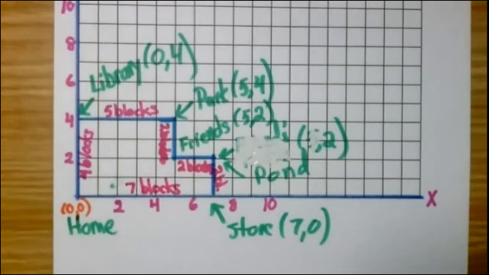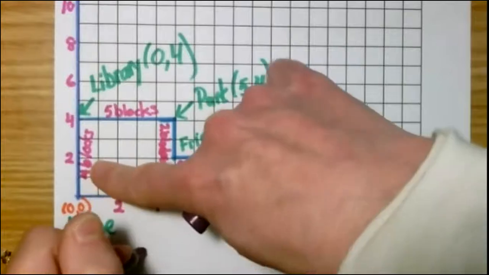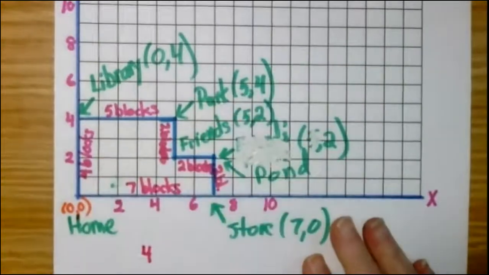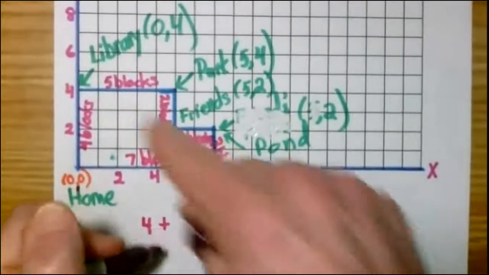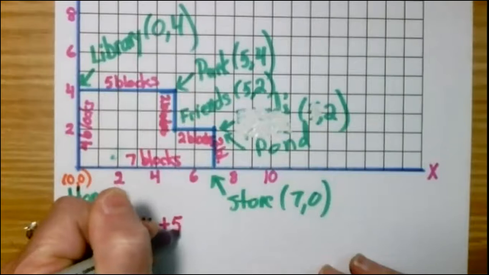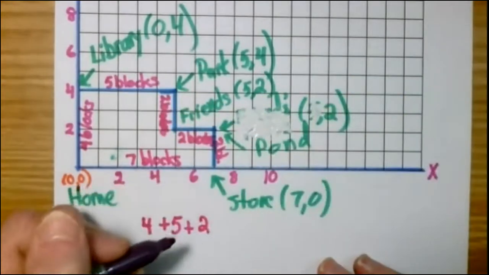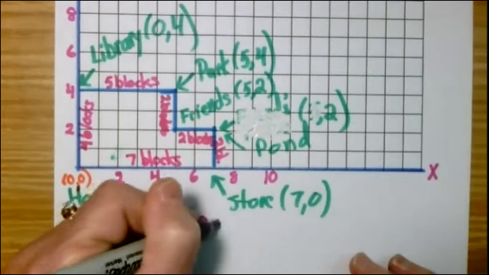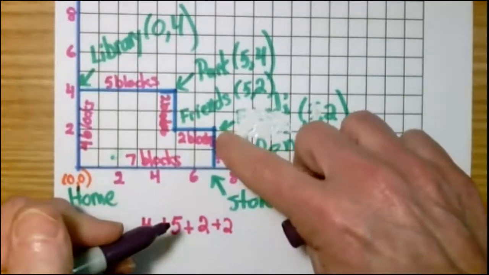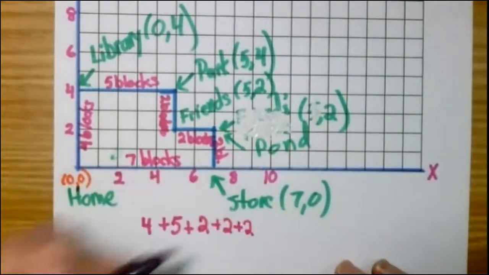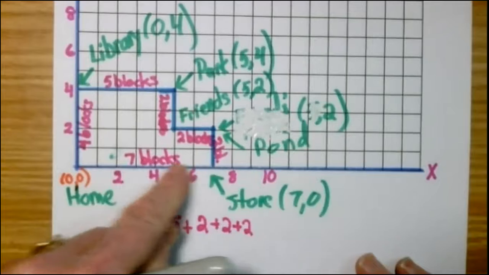Now to find the perimeter, we just add all those up. So I'm going to start with here. I'm going to have 4, plus 5, plus 2, plus 2, plus 2. Don't get mixed up how many 2's you need.